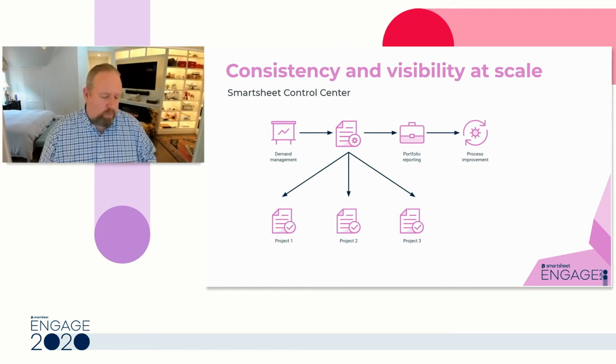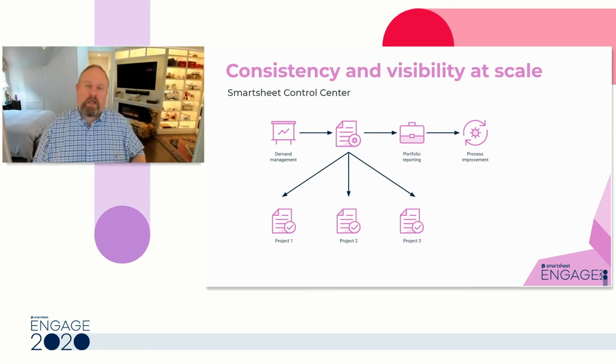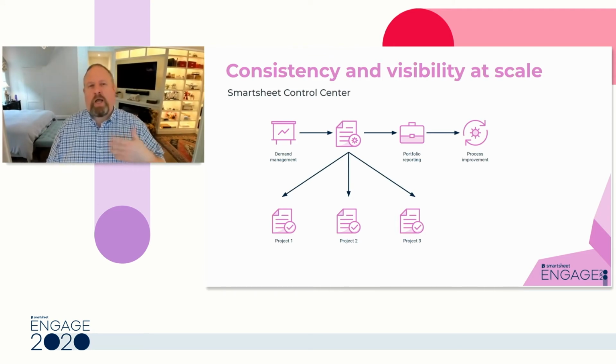One of the great stats that we use a lot when we're talking is that 86% of projects fail because of lack of agility, because of changes in product requirements or expectations in the middle of the project.